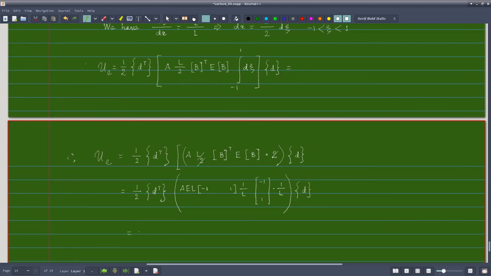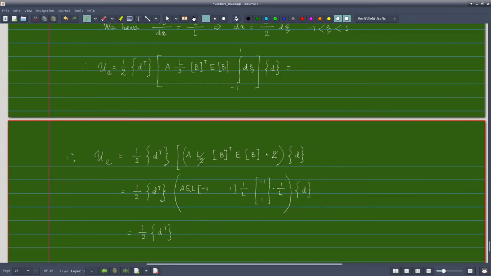Now I have half D transpose into, if I multiply this matrix by this matrix, what will I get?